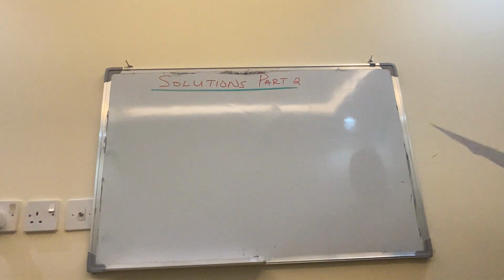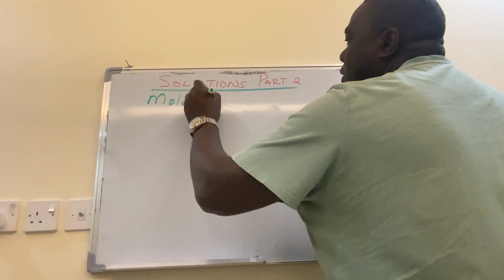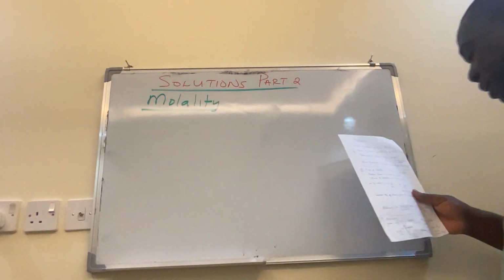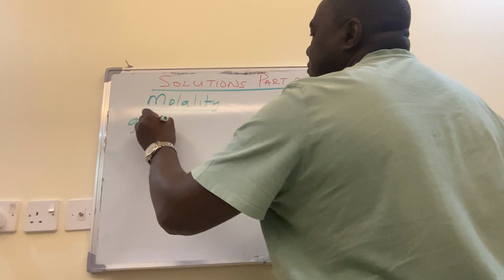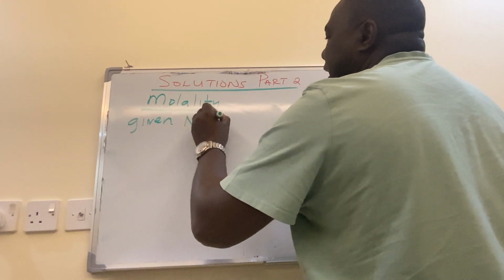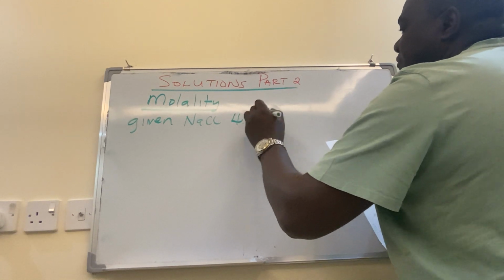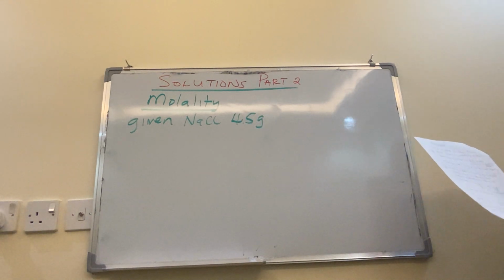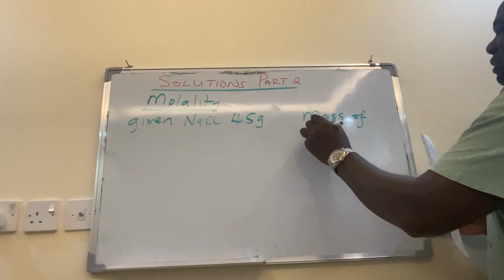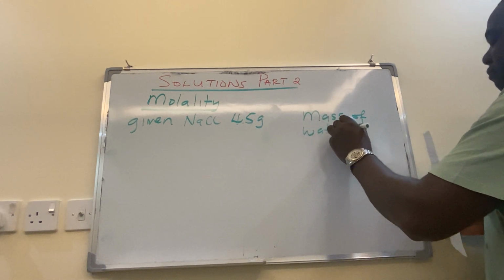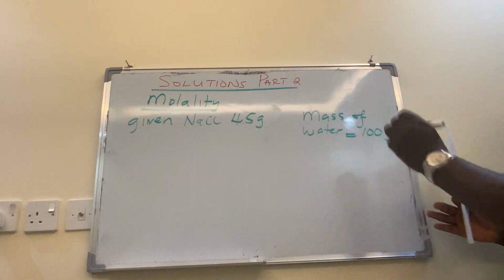to solutions. Okay, right. So what are we doing now, students? We are doing molality. Again, I'm given my solid, NaCl. The mass supplied is 4.5 grams, and the mass of water is given as 100 grams.